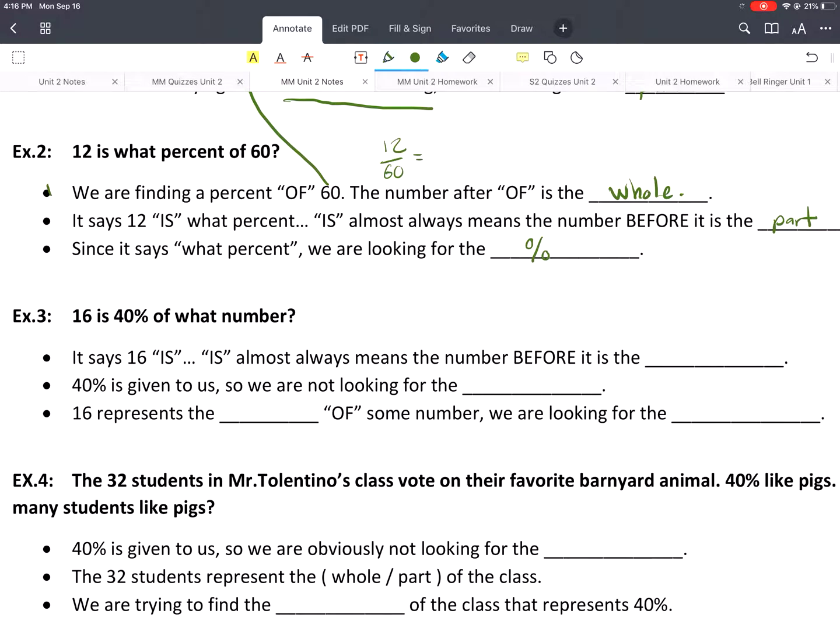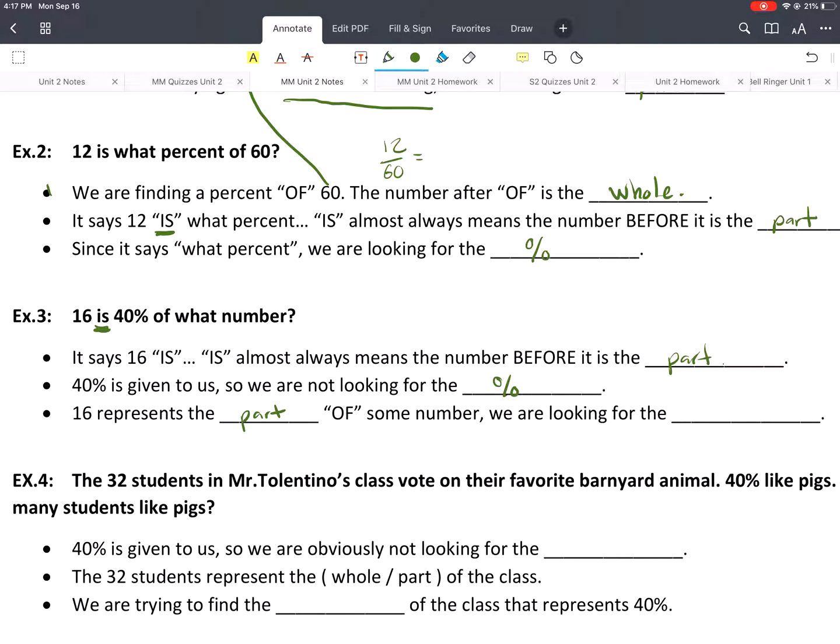Example 3: 16 is 40% of what number? Again it says is. Whenever we have is, it's almost always the number before the part. 40% is given to us, so we're not looking for the percentage. And 16 represents the part of some number.